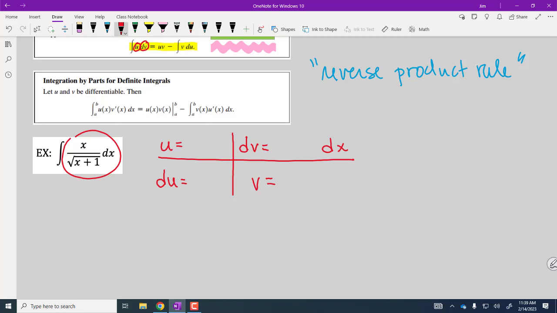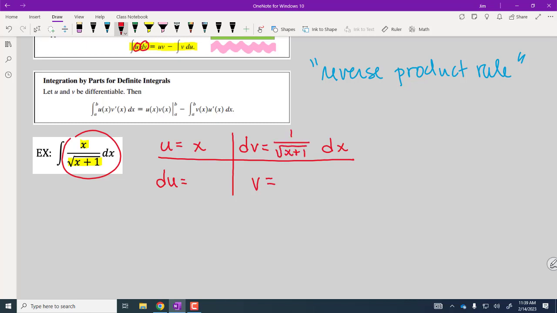Integrating is harder than differentiating, so that's where I would focus first. We have really two choices here: we have an x, and we have a square root of x plus 1. Okay, here's one choice. We could do this.